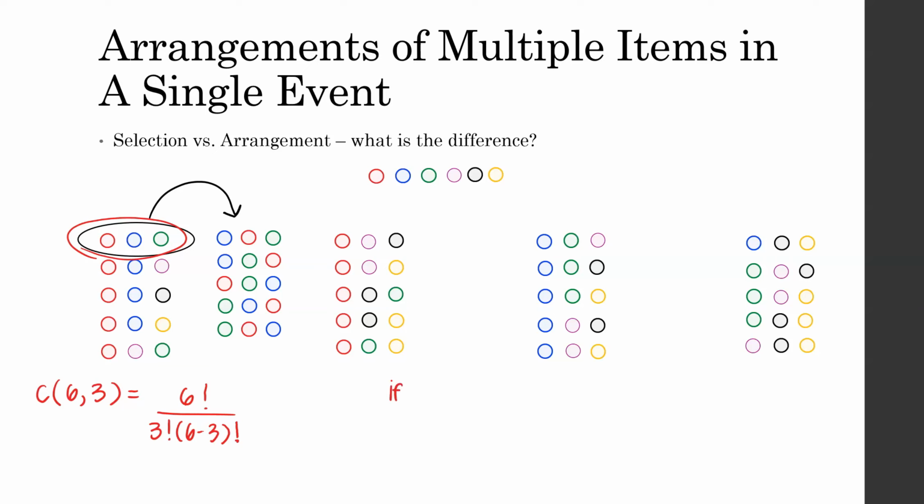Now, if the order matters, such as this particular example here where I take one of these selections that I had and I rearrange them in different orders, then we need to use a permutation.